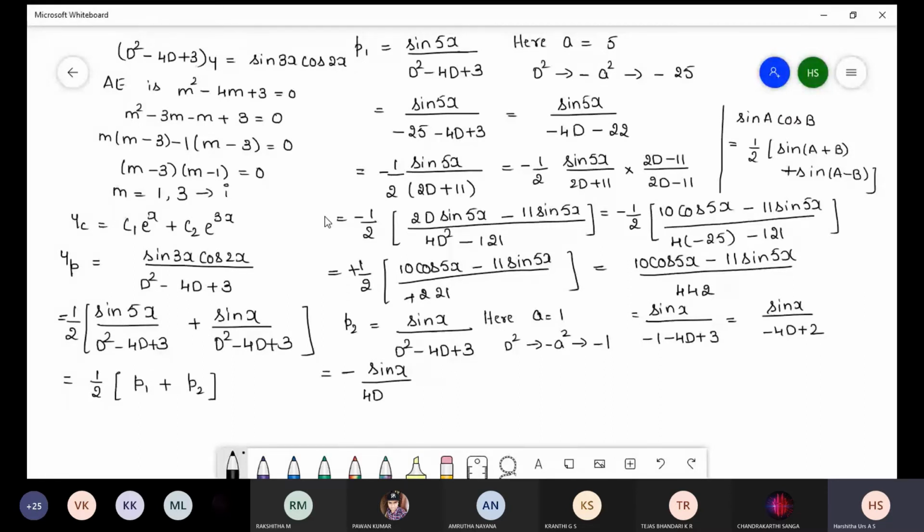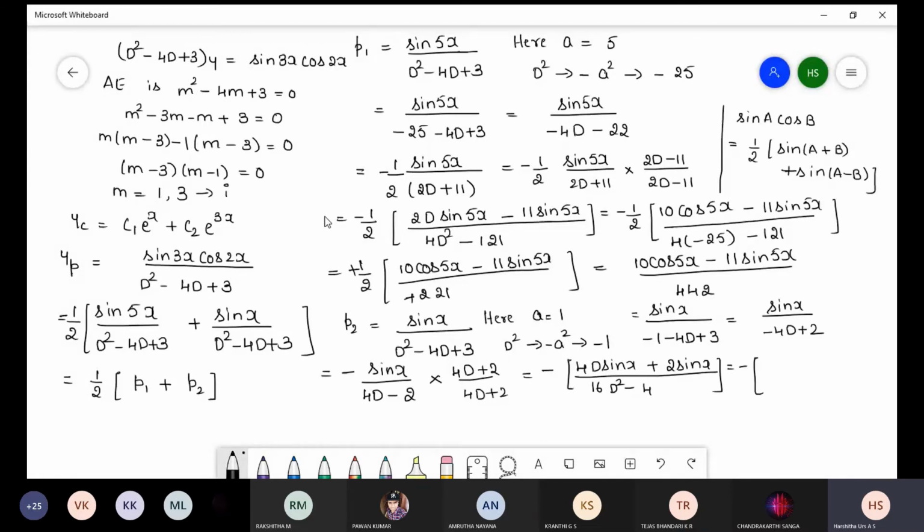So rationalization: 4D plus 2 divided by 4D plus 2. So minus of 4 into differentiation of sin x plus 2 into sin x, divided by 16D square minus 4. Differentiation of sin x is cos x.